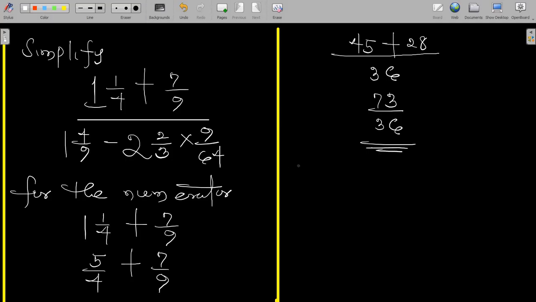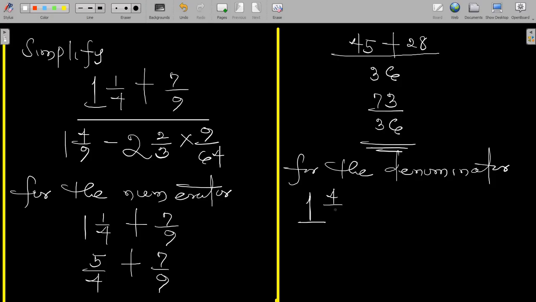Now let's go straight to the denominator. Let me write it out. So we have 1 whole number 4/9 minus 2 whole number 2/3, then times 9/64.